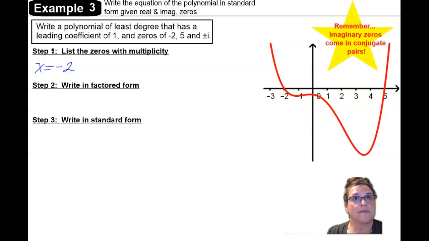Okay, then at 5, there's another cross, so that's also a single root, x equals 5. And then we have 2 imaginary zeros, plus and minus i.